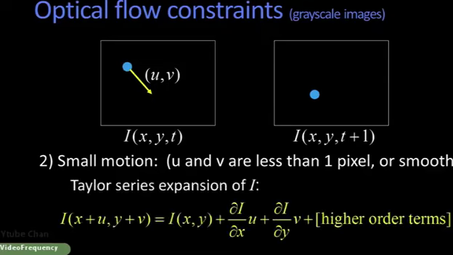What that means is I can estimate, using the Taylor expansion here, that the value of an image displaced from x by u and displaced from y by v is approximately, well, it's exactly here by order terms, the original value plus the gradient x times delta x plus the gradient y times delta y, u and v are delta x and delta y respectively, plus some high order terms.